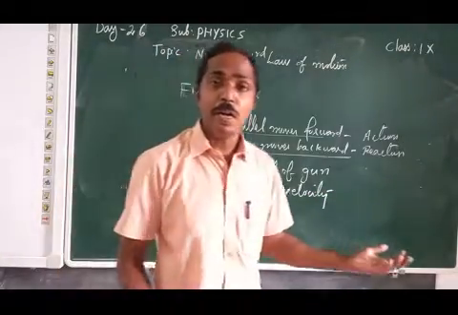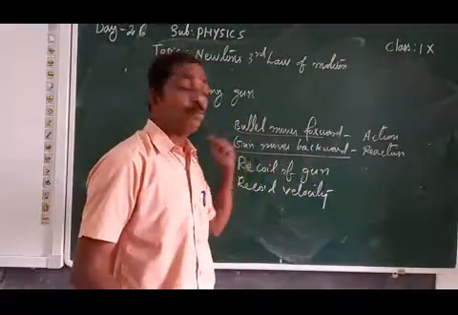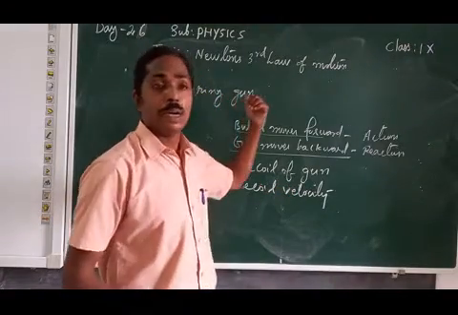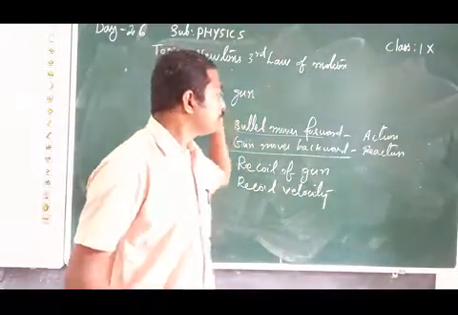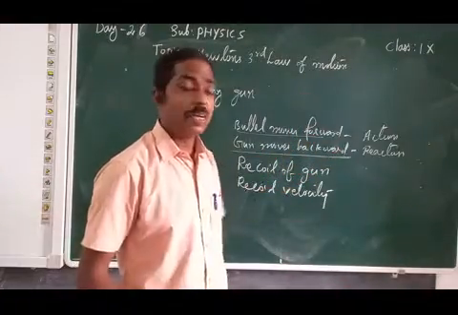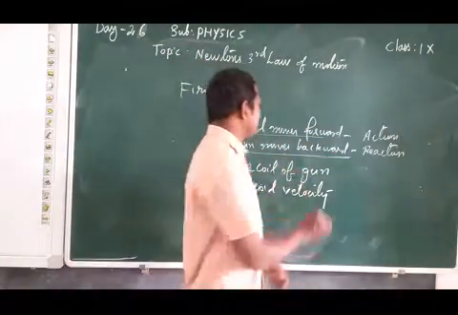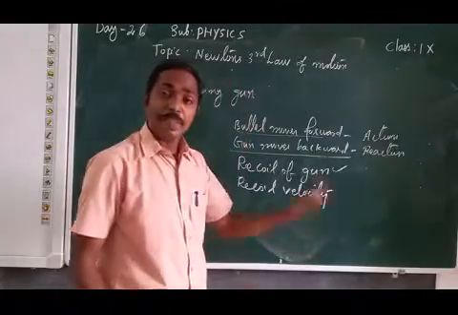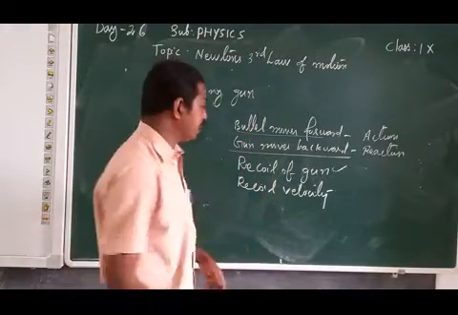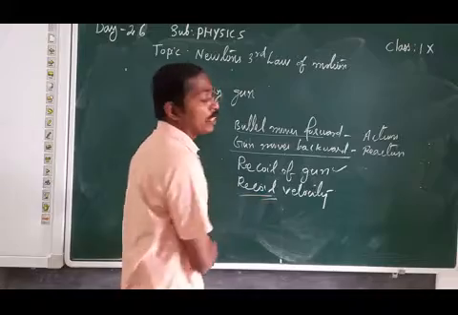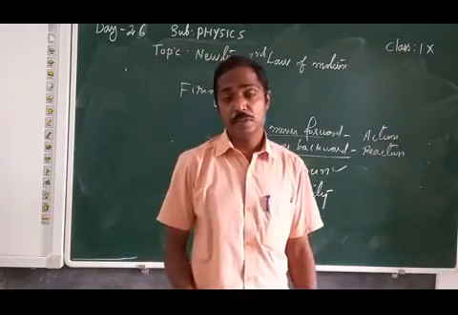Recoil of the gun is due to reaction; the gun moves backward. When the gun is fired, the bullet moves forward, that is action. Due to reaction, the gun moves backward, that is recoil of the gun, and this velocity is what we call recoil velocity.